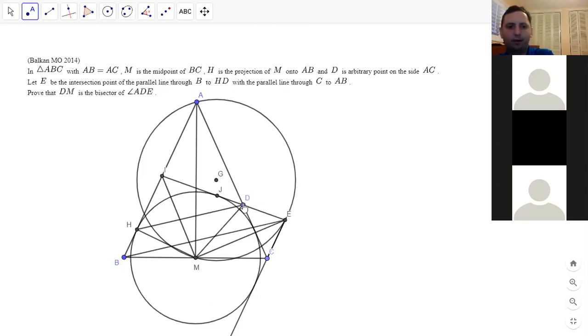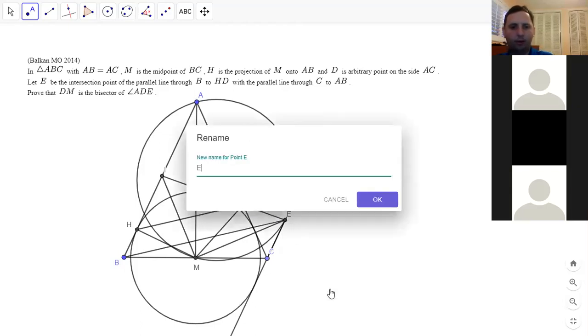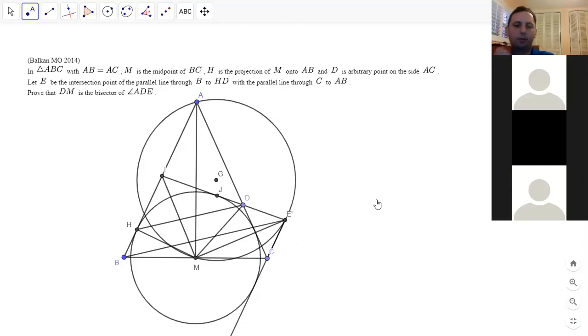So actually we could keep D as an arbitrary point, and we could draw the tangent from D to the circle, and we could call this E prime. And then we want to show HD is parallel to BE prime.